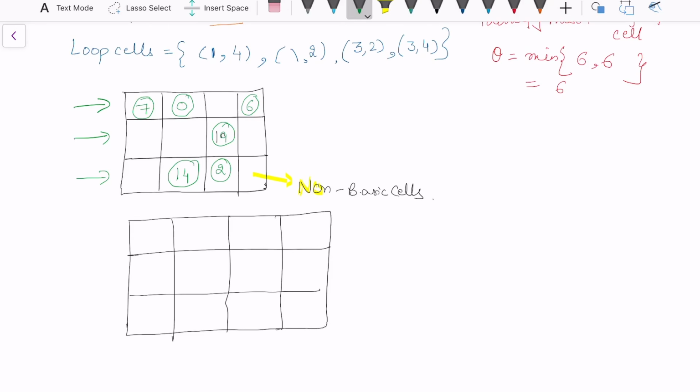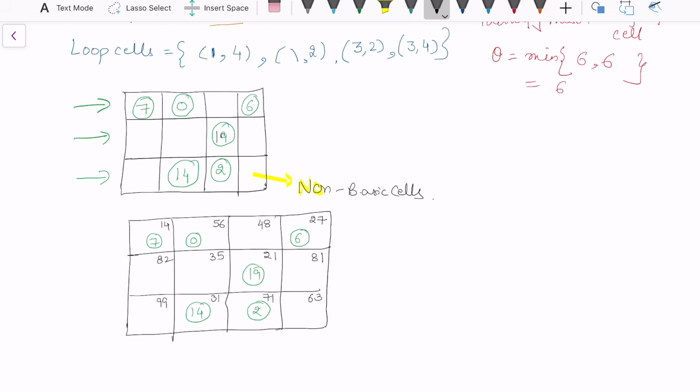So we have the allocation 7, 0, 6, 19, 14, 2. So let's calculate again the net evaluation for this particular table, and let me write quickly the cost: 14, 56, 48, 27, 82, 35, 21, 81, 99, 31, 71, 63.